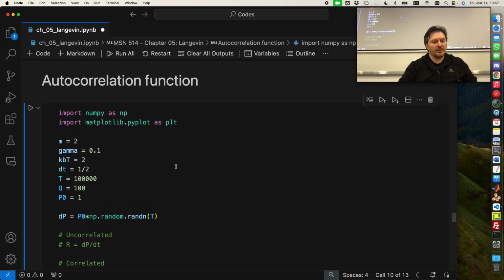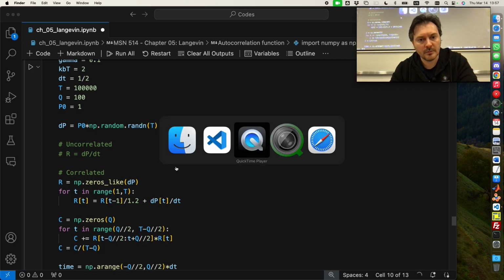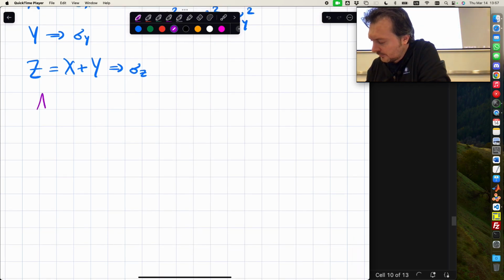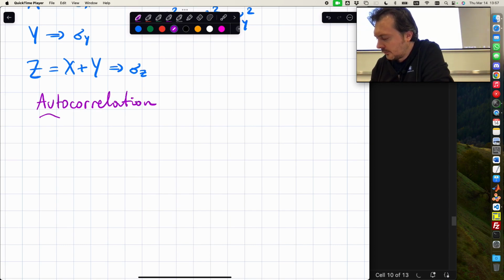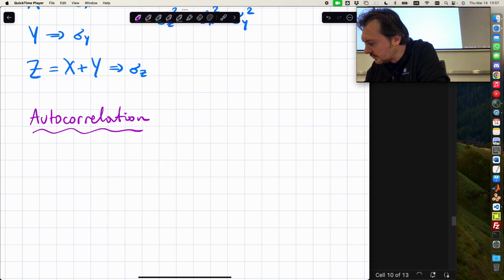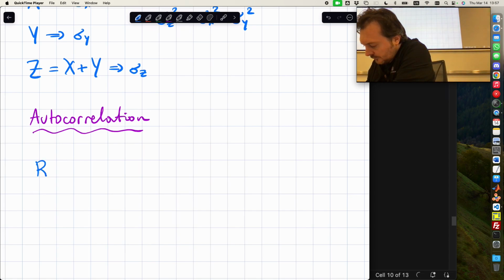So now let me talk about autocorrelation, because that was another question that I was asked. In what context did we see autocorrelation? We saw R(t plus delta t).